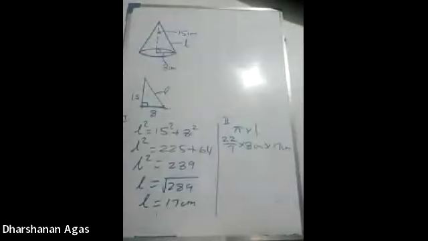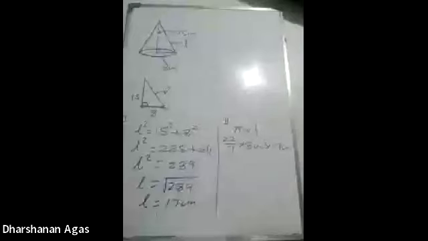What is the answer, friends? Sir, your voice is not clear, sir. Find, multiply and tell the answer. 22 by 8 by 17.